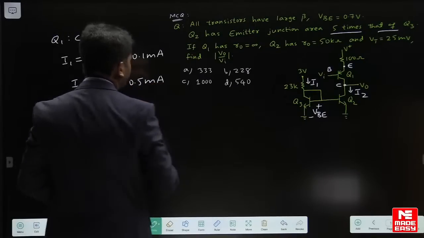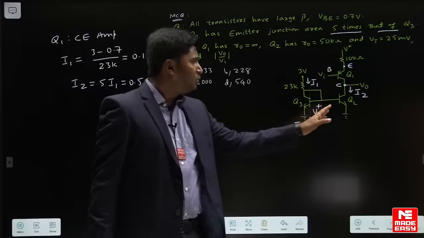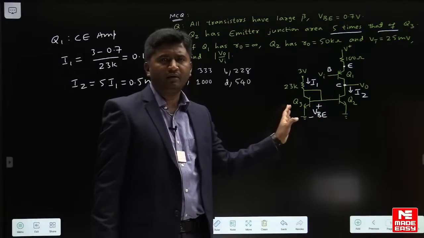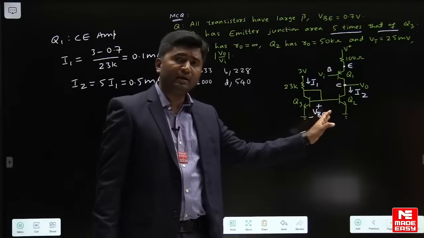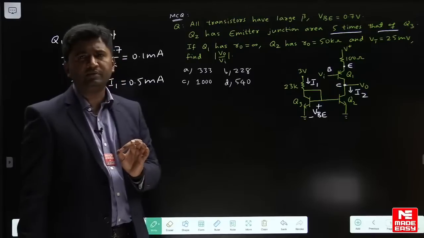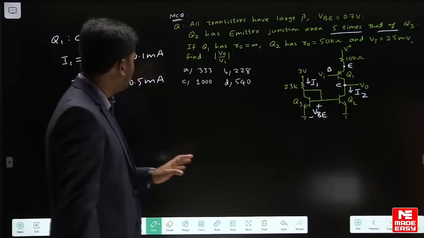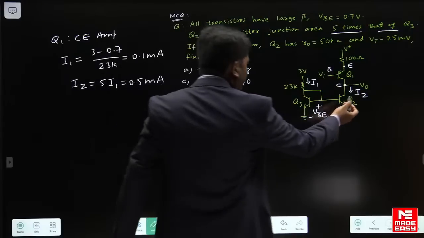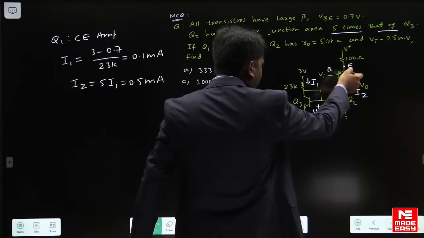If Q2, Q3 had the same area, then we could say I2 equals I1. But here Q2 has area 5 times that of Q3, so current in Q2 will be 5 times the current in Q3. In that way we got I2 as 0.5 milliampere. Now that same I2 will become the collector current of Q1.